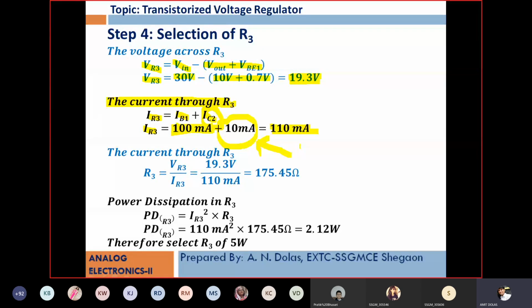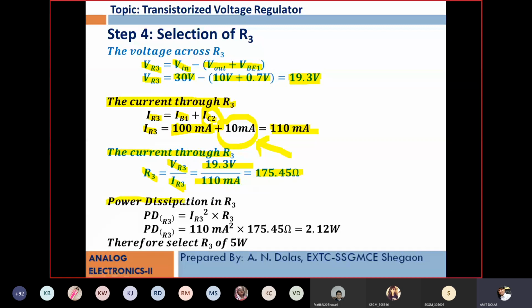That is 110 milliampere. So as I know the current through R3 and the voltage across R3, then the resistance R3 can be calculated by voltage drop divided by current. That is 19.3 is voltage drop divided by 110 milliampere is the current. So it is 175.45 ohm is the resistance value R3.